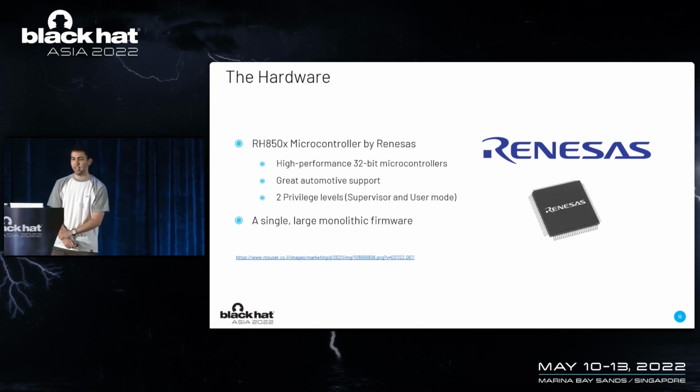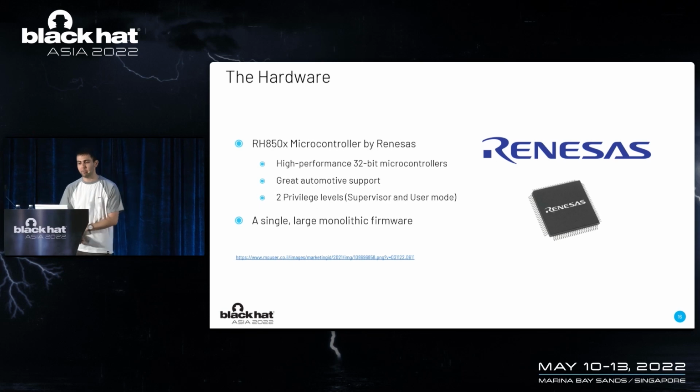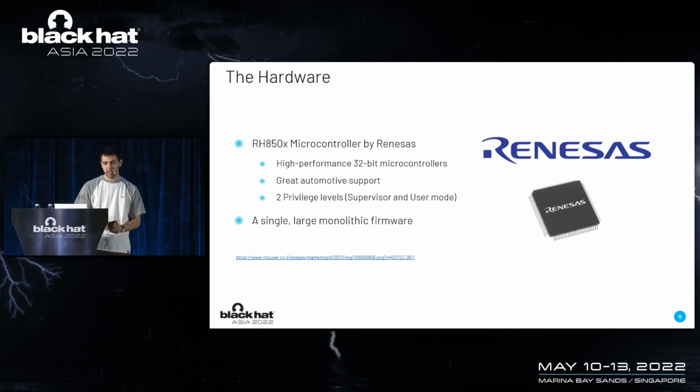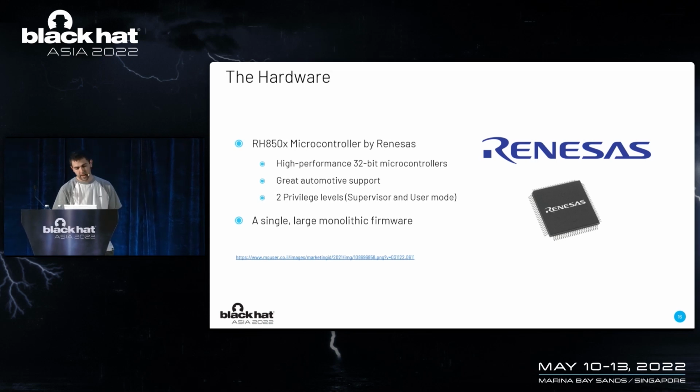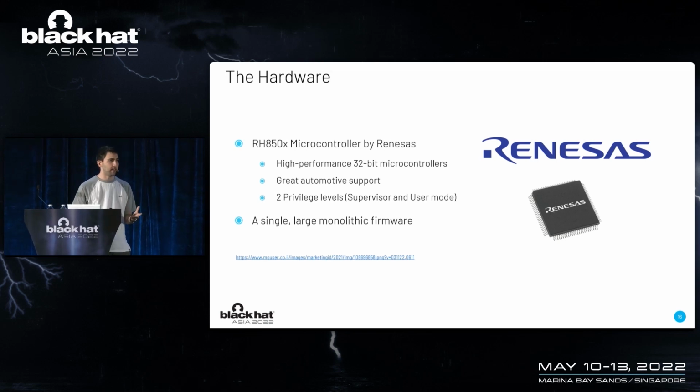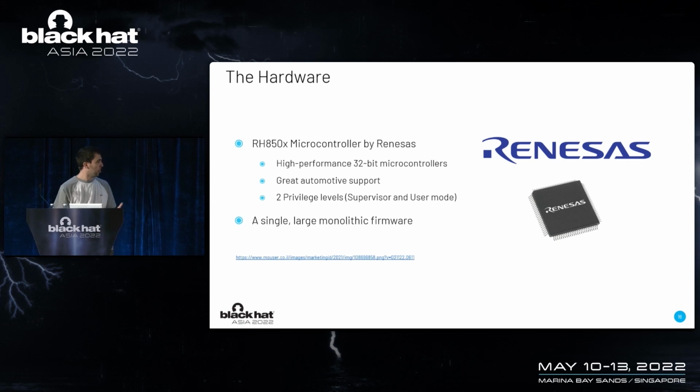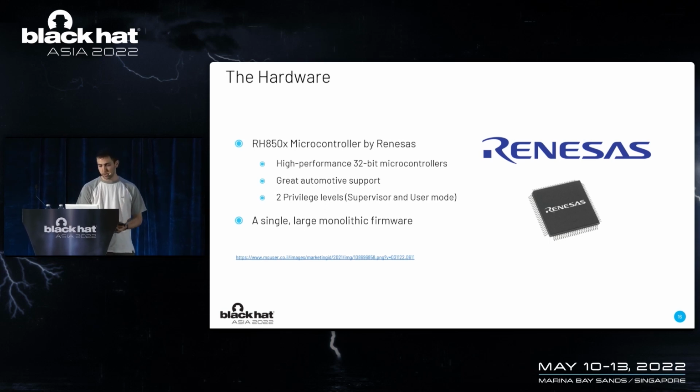Yes, so embedded-wise, we're talking about an RH850 microcontroller. This family of microcontrollers is produced by Renesas, and they are very prominent in ECUs because of their very good and very powerful automotive support directly in hardware. So, for example, you can find support for the various communication interfaces: CAN, FlexRay, and automotive Ethernet as well.